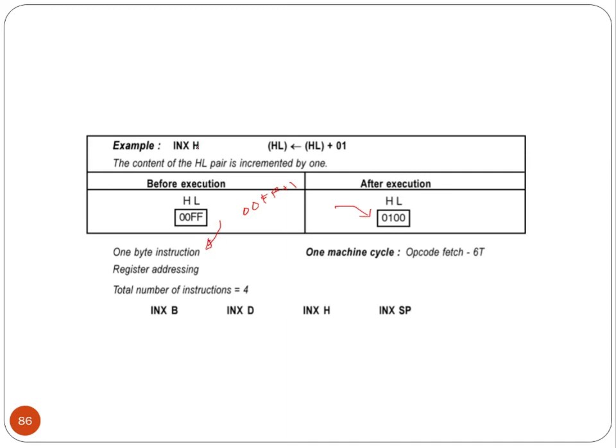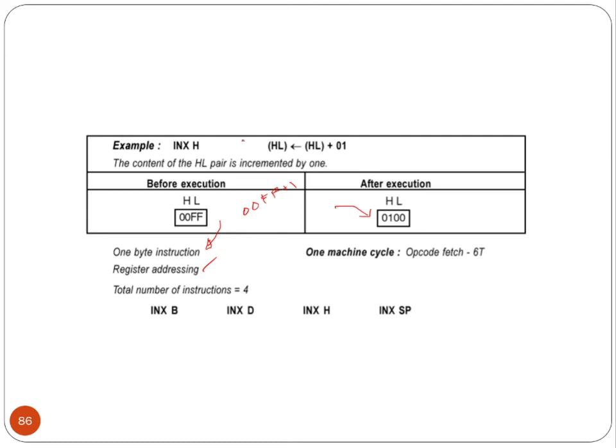As the data which we are going to increment is available in general purpose registers, the addressing mode is register addressing mode. Here we need to take the opcode of the instruction from the memory location into the MPU. Therefore, in order to complete the execution of this instruction, it requires only one machine cycle, that is opcode fetch.